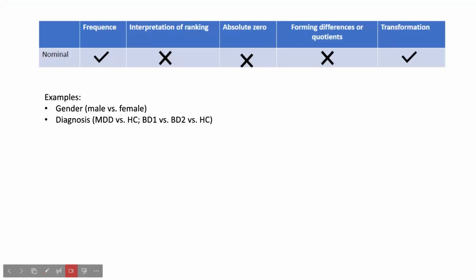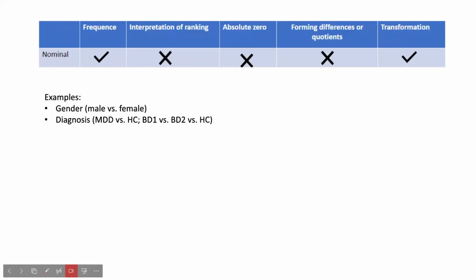We cannot interpret ranking in the nominal scale. It's because we cannot say male is bigger than female, or bipolar type 1 is smaller than healthy control. It doesn't make sense.